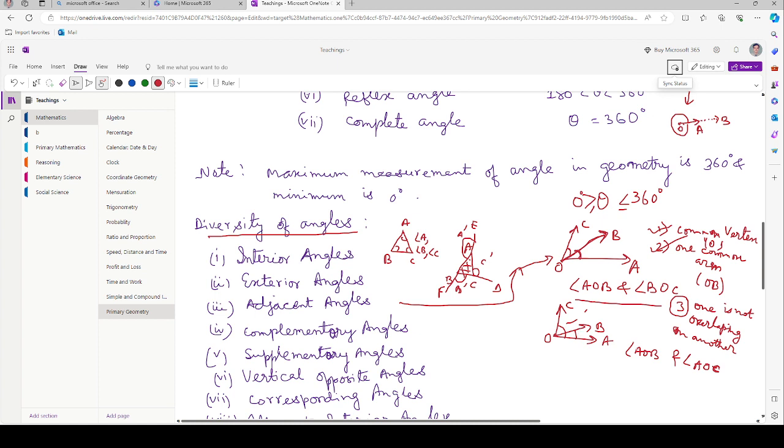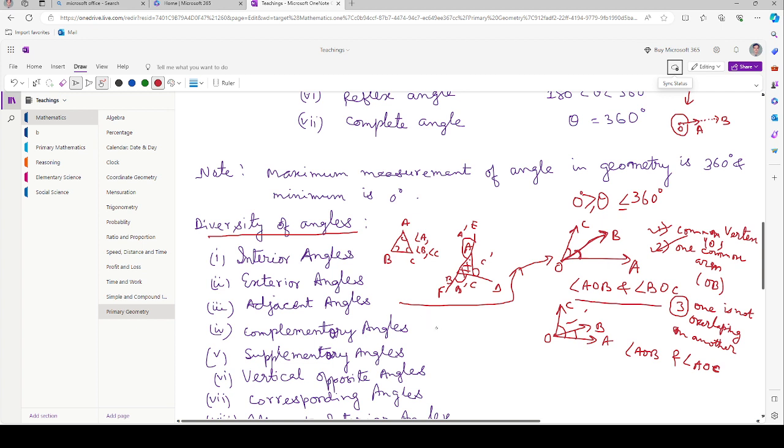So, angle AOB and angle AOC are not adjacent angles. I hope you understand adjacent angle.